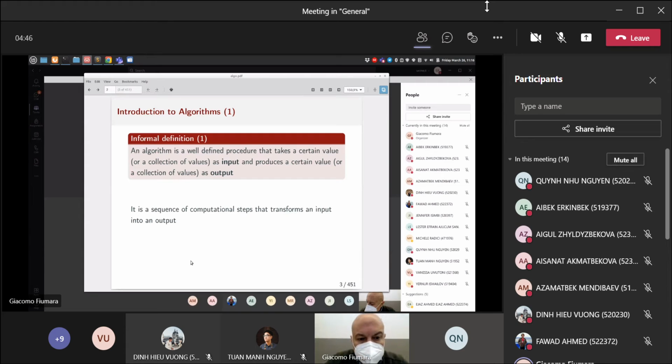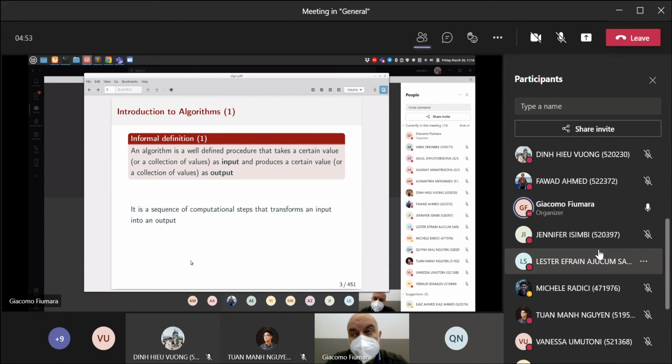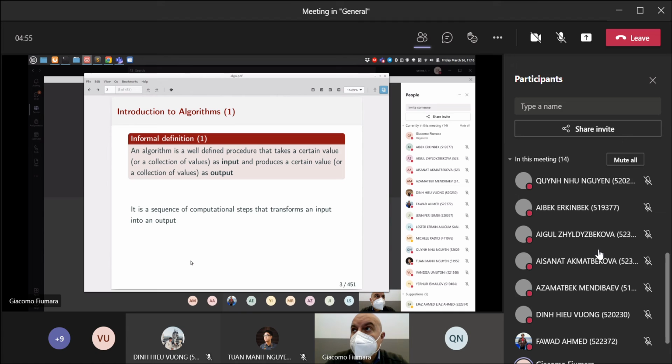Let's begin again with the definition of algorithm. According to an informal definition, an algorithm is a well-defined procedure that takes a certain value or a collection of values as input and produces a certain value or a collection of values as output.